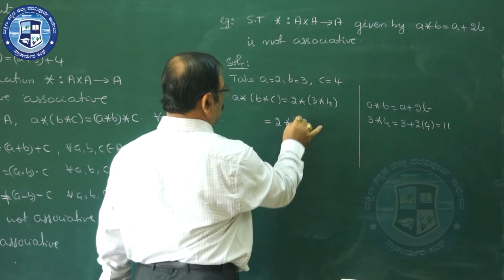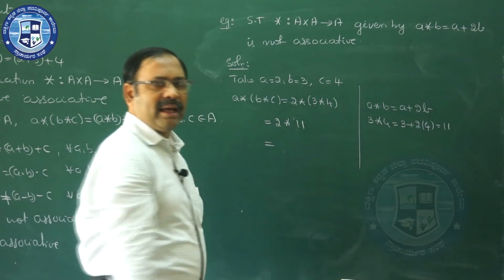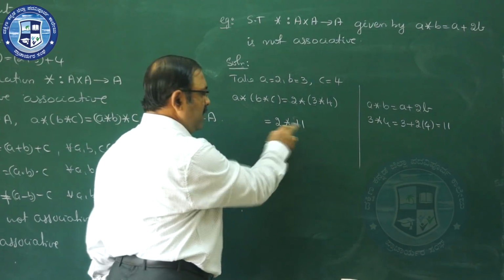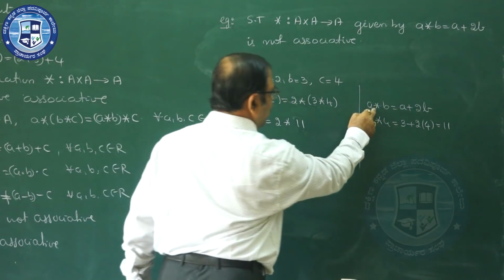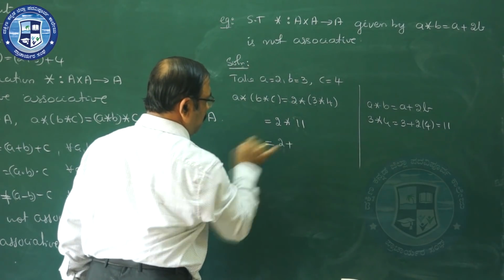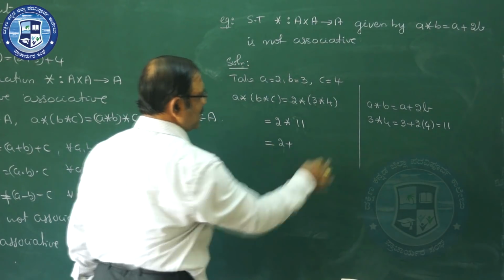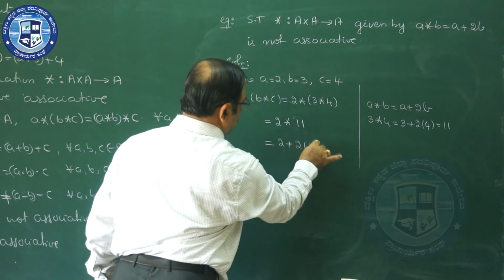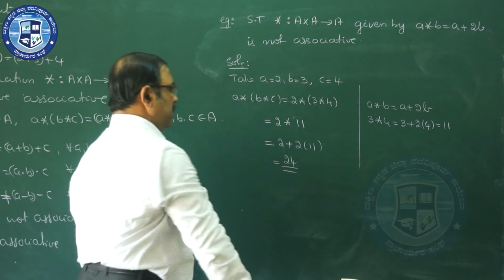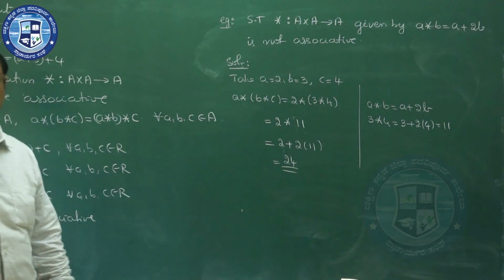So this is 2 star 11. Now by the same definition, A star B is A plus 2B, 2 plus 2 into 11. So 24. This is equal to 24.